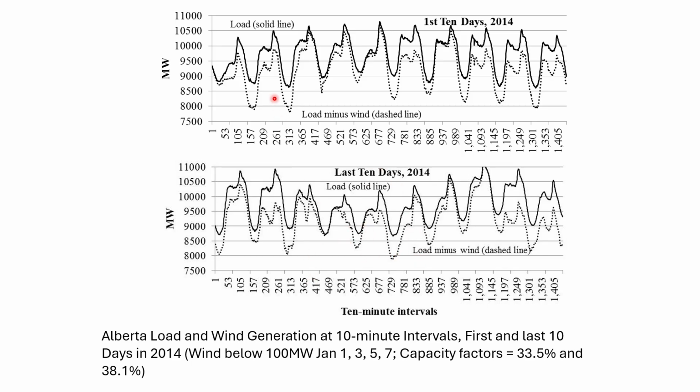Now, the dashed line represents the load minus the wind. So we take this load, the solid line, and we subtract from it the available wind generated power.